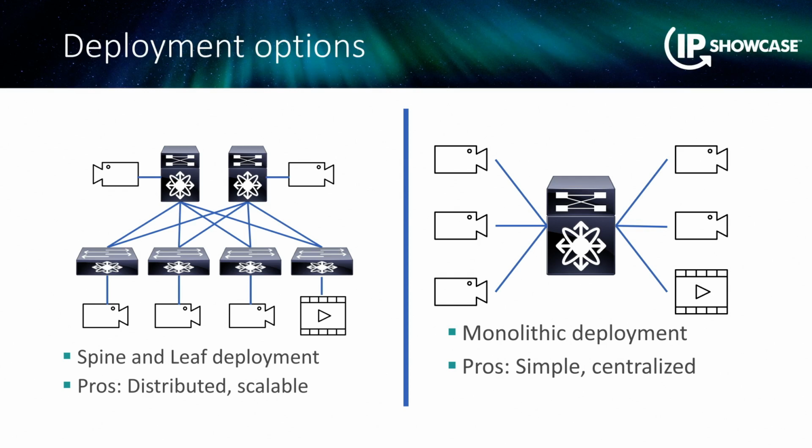The other deployment would be a single chassis type of deployment. I have a centralized space, very similar to the SDI world, and I connect all my endpoints into that single modular chassis. So what are the benefits of the spine leaf architecture? It is flexible. I can build the spine switches in one location, and then I can distribute my leaf switches wherever they're required.